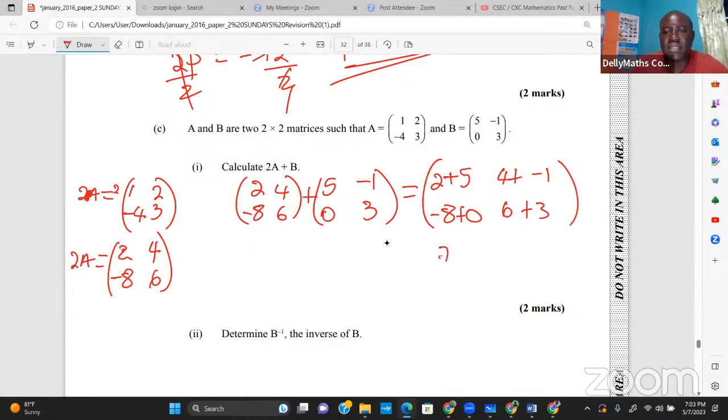Final response, 7, 3, negative 8, 9. That is 2A plus B. We have that. All right, so that is 2A plus B.